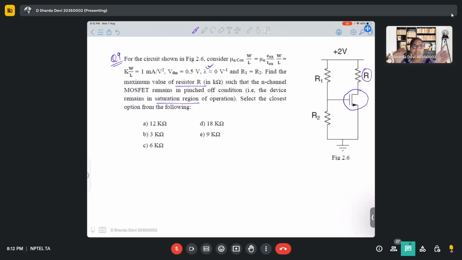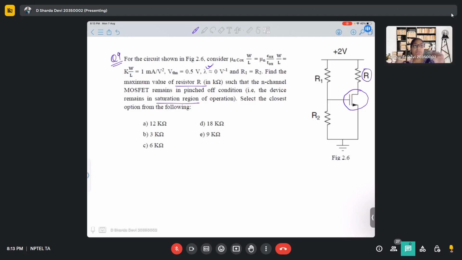That means your drain should collect the charges and your source should push the charges away, right? The source will push the charges when it is relatively on the forward bias side. That junction is forward biased, and the drain side will start collecting your charges when it is reverse biased.